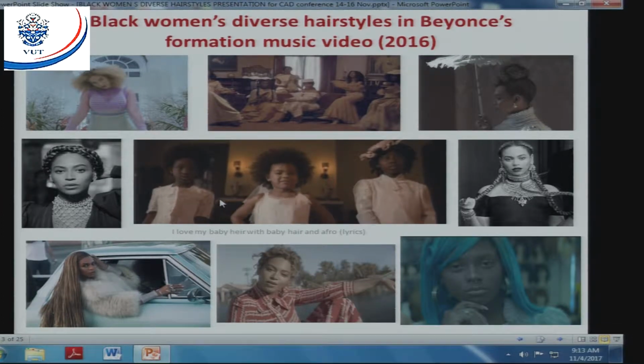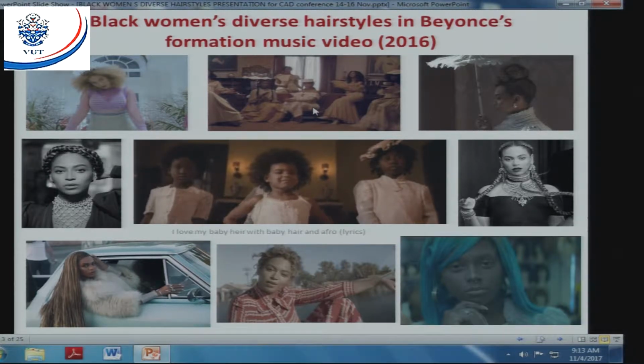Natural hairstyles are seen where the little girl, Beyonce's child Blue Ivy, is embracing the afro, which is always seen as something that is not suitable for black women. Natural hairstyles are also seen where Beyonce and the ladies are sitting there wearing their Victorian natural hairstyles.